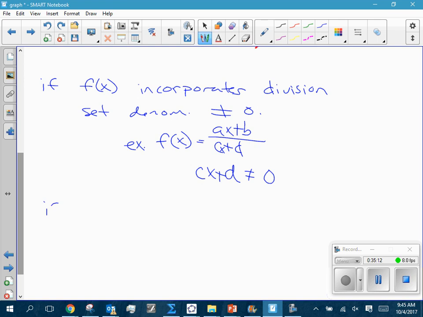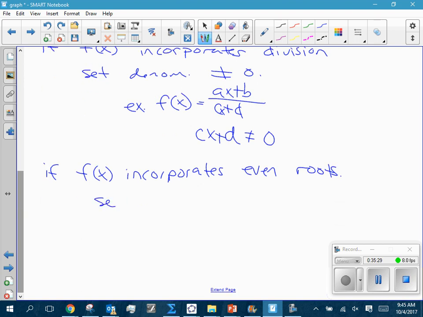If f of x incorporates even roots, set the radicand greater than or equal to 0.